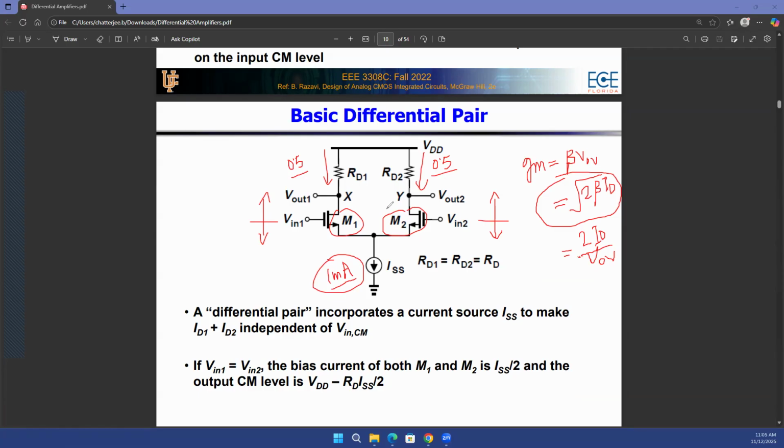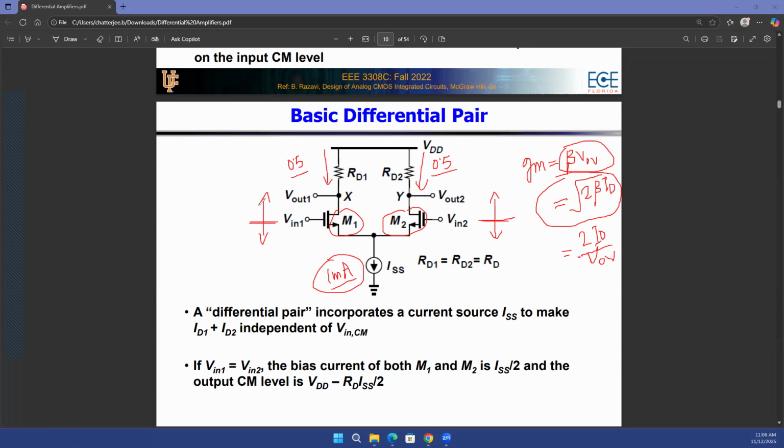Now, you might ask, is there a fallacy? If I use beta times VOV, the gate voltage can go up and down because of some challenges in the design, or because these might be coming from the output of another stage where you may not have as much control as you want.